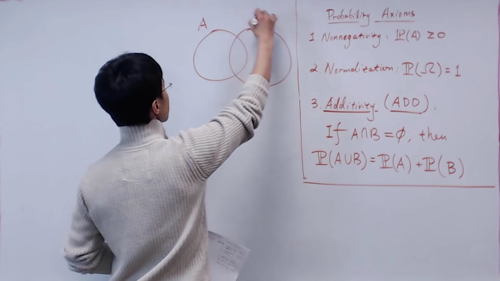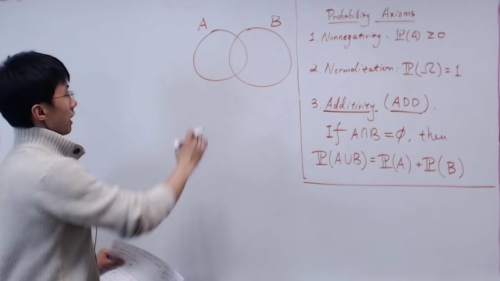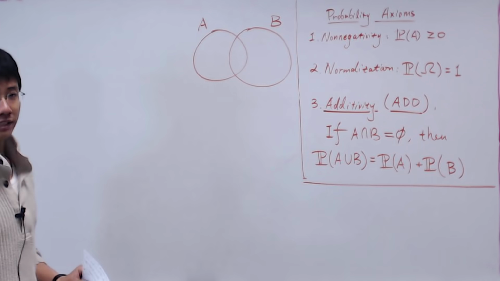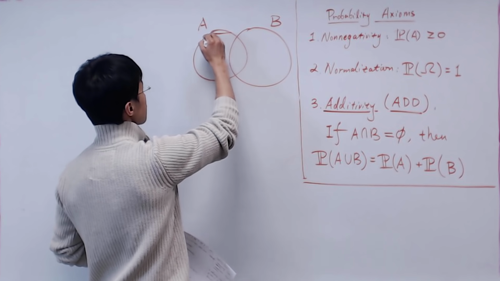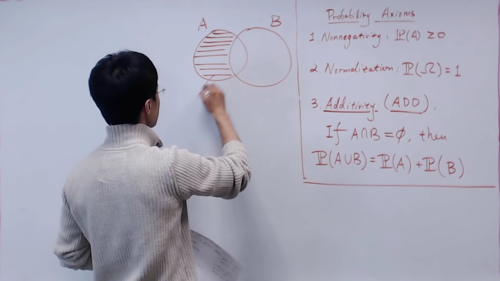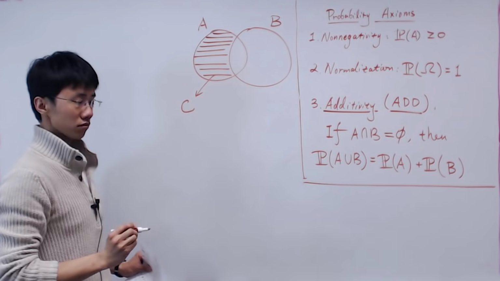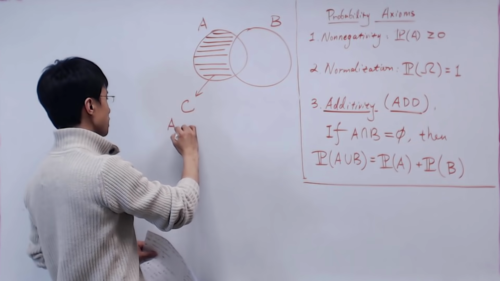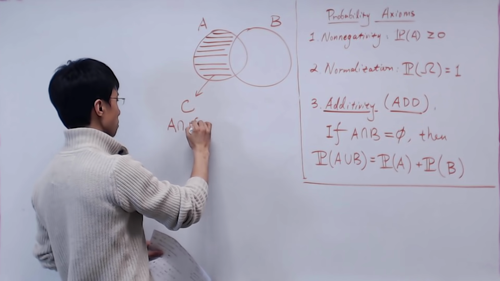So we start with two events, A and B, and there might be some intersection between the two events. We'll label the set of points or samples in A that are not in B as the set C. So C will be A intersection B complement.